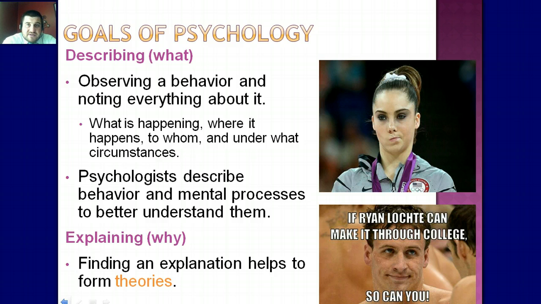They also may take her to a school psychologist to figure out what the problem is. The point is that we are trying to find an explanation or a theory of why that is happening, and we'll get into the differences between theories and laws in a second.